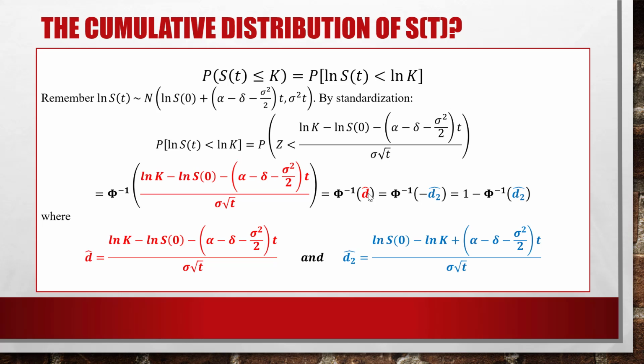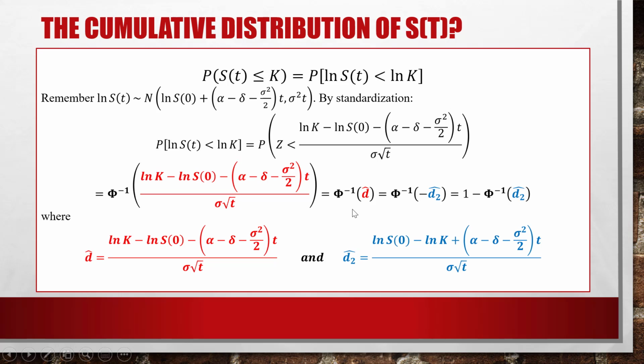And you know what? Sometimes we consider the probability that S of t is greater than k as well. So I'm going to do one more step here. That is, I denote d2 hat equal to minus d.